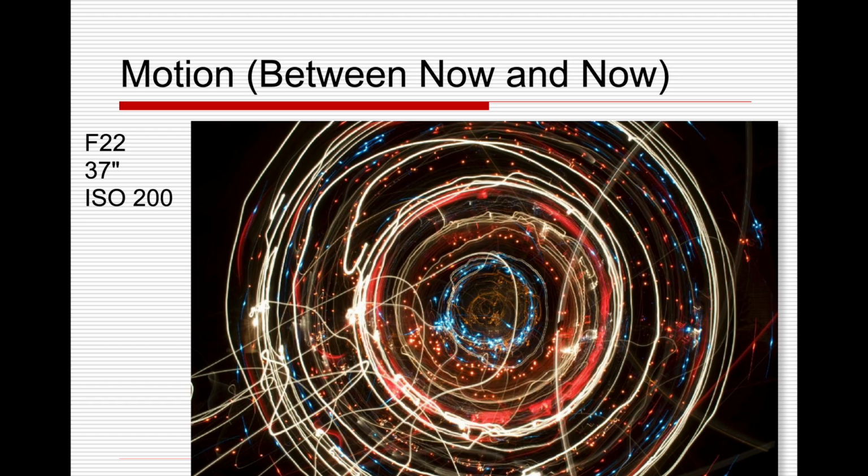With this 37-second exposure, I spun my camera a couple of times completely, and then I also zoomed the lens in and out, all the while it was locked on a tripod, and it gave me this shot right here. Can you guess what the subject might be? Just go ahead and let me know what you think it is in the comments.